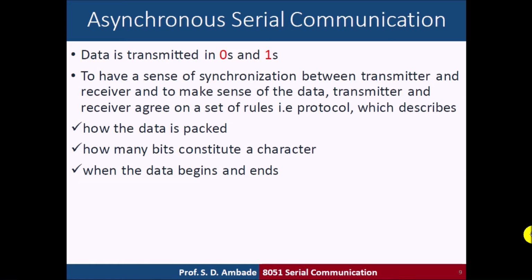There should be some protocol. Protocol is nothing but a set of rules.